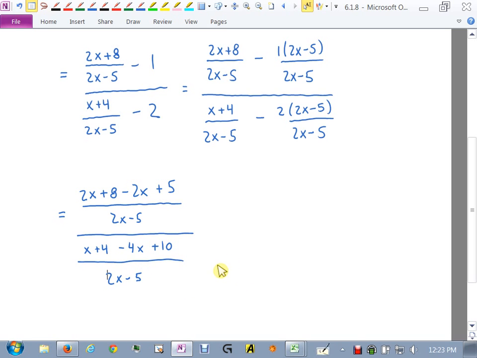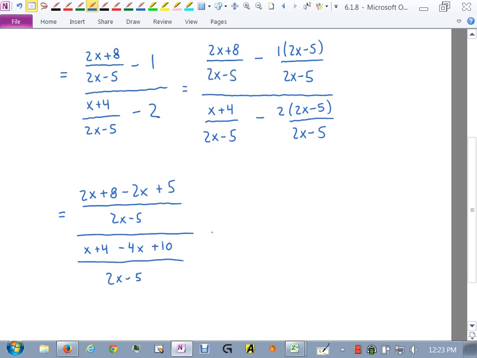What did I do? What happened here? Distributed the negative through here. Negative 4x, positive 10, sorry. This goes through negative 2x plus 5, negative 4x plus 10.